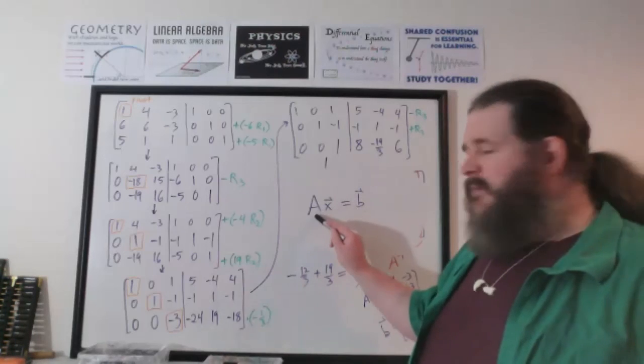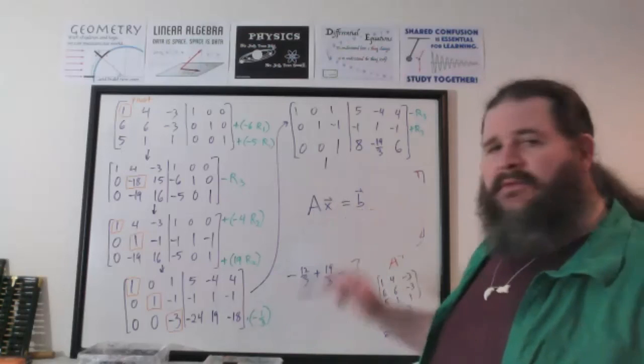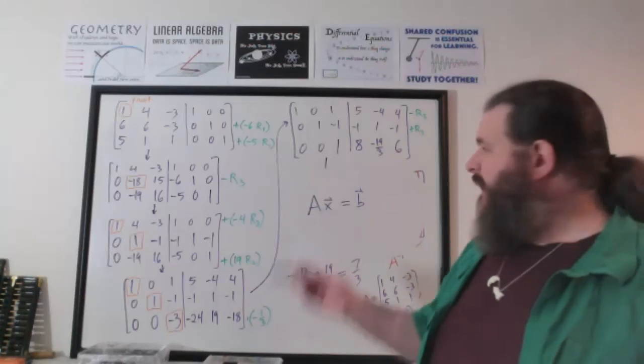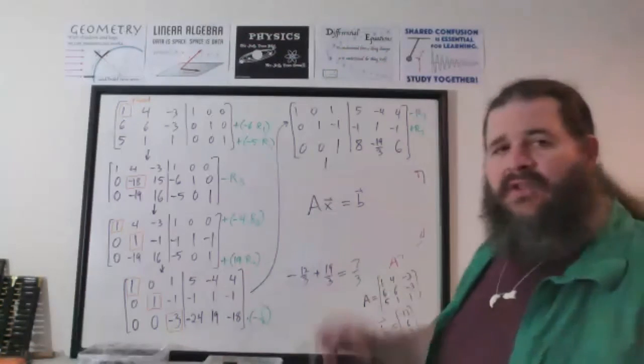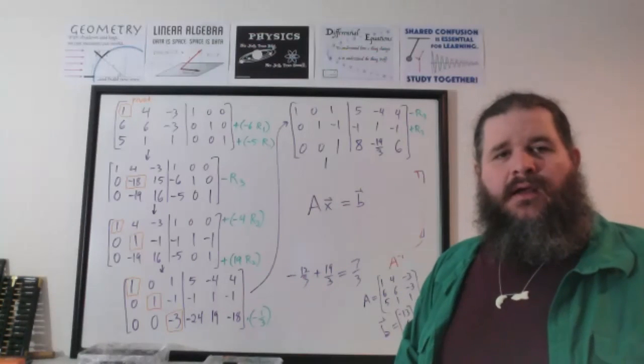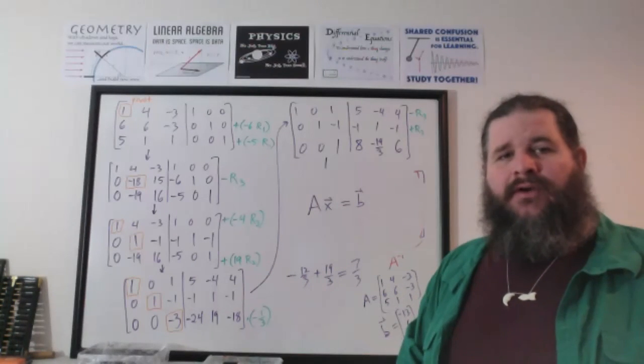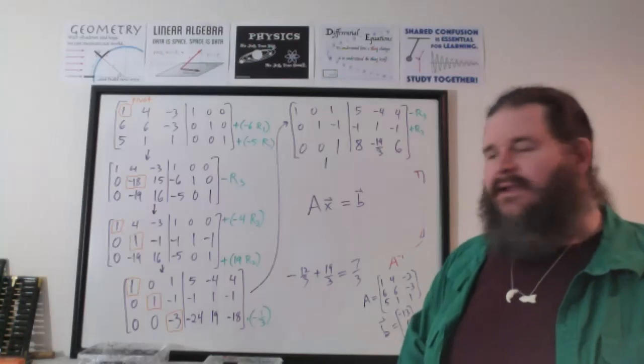So if you're doing the same experiment over and over again, but getting slightly different results each time, if you have a lot of systems of equations where the coefficients are all the same, but the results on the other side of the equation are different for each one, solving that same system of equations over and over and over again is going to be really tedious.